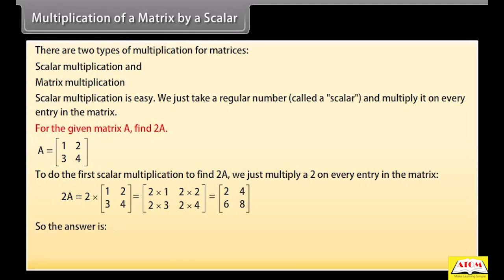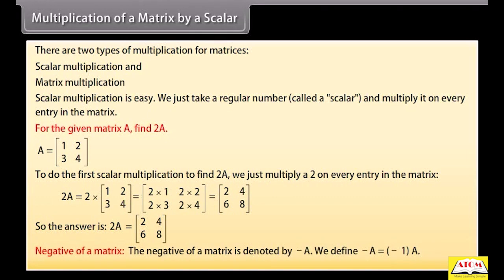So the answer is 2A equals matrix row-wise, first row 2, 4, second row 6, 8. Negative of a matrix. The negative of a matrix is denoted by minus A. We define minus A is equal to minus 1 into A.